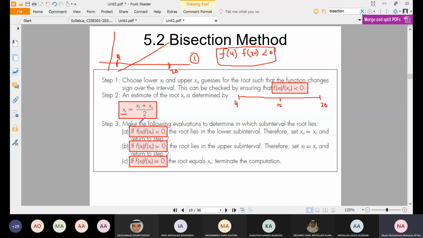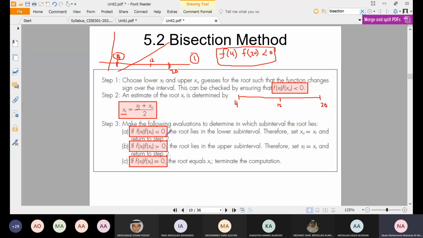After that, we check the following three conditions. I multiply f of the lower limit, which is f of 4 that I already computed at the beginning, by the function evaluated at the midpoint, x of r, here 12.